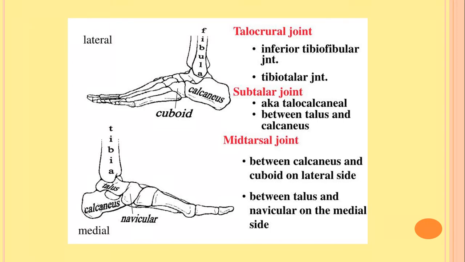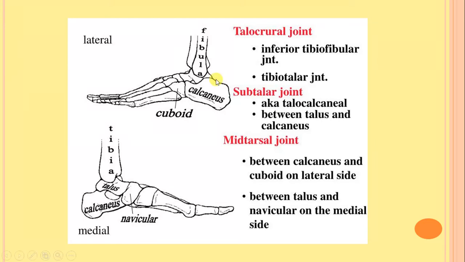Now we have seen during our discussion the talocrural joint, that is the ankle joint. Inferior to it, we are going to see the subtarsal joint between the talus and the calcaneum, and the mid-tarsal joint between the calcaneum and cuboid on the lateral side and between the talus and navicular bone on the medial side.